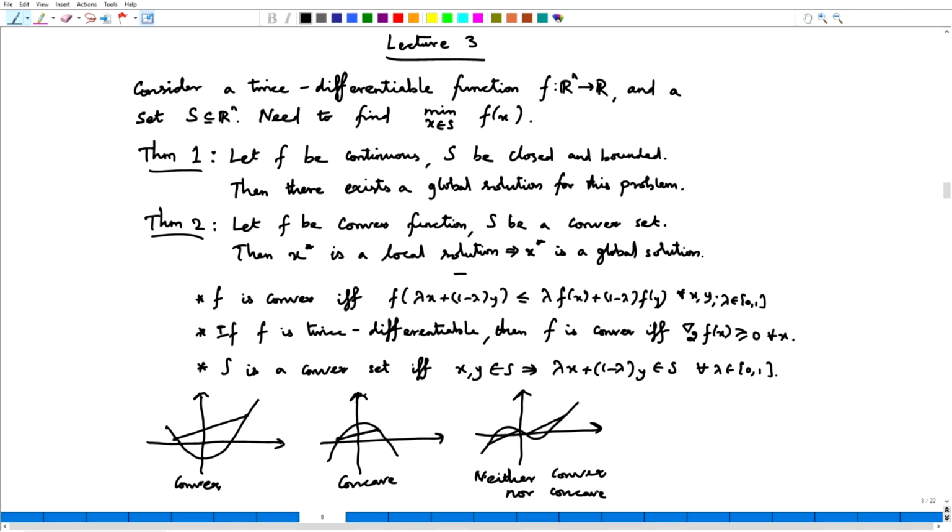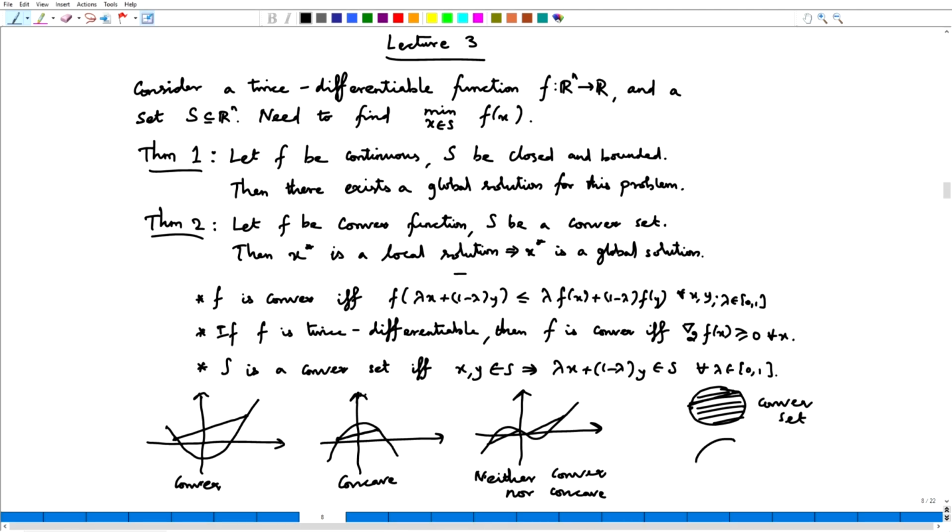Okay. And regarding convex sets, you can recall that when you consider a set of this sort, where when you take any 2 points on the set and join them, all points in the line segment lie within the set, such a set is called a convex set.